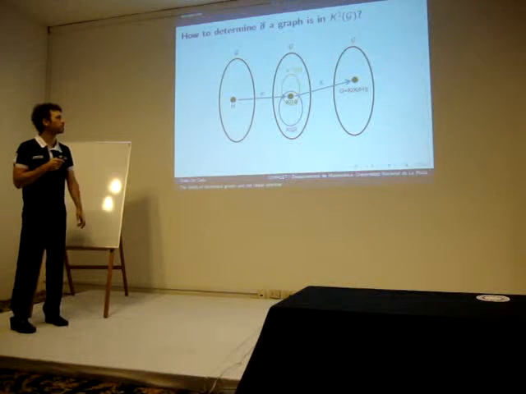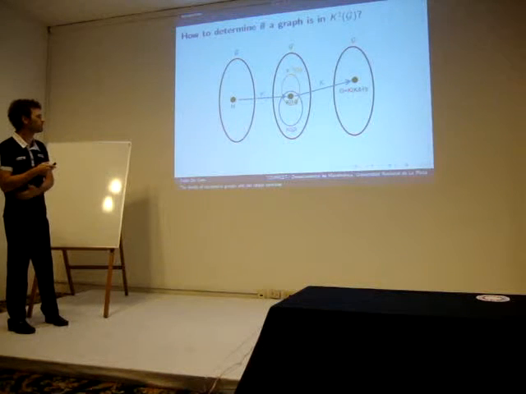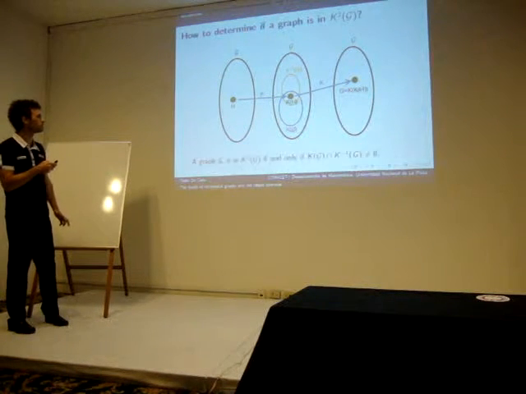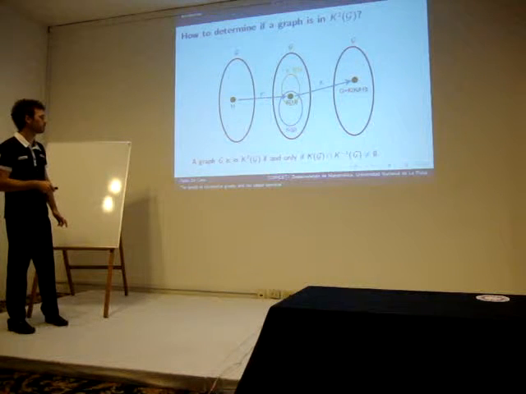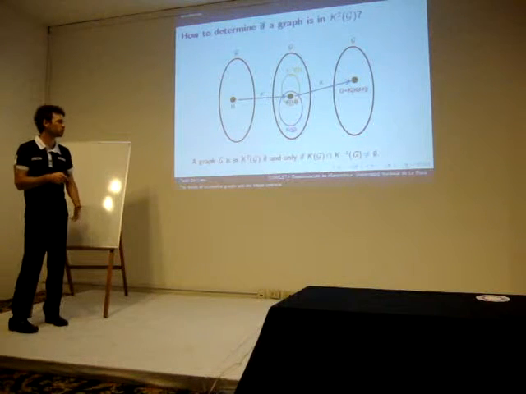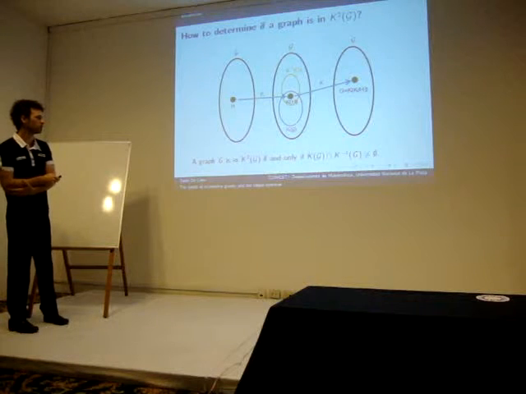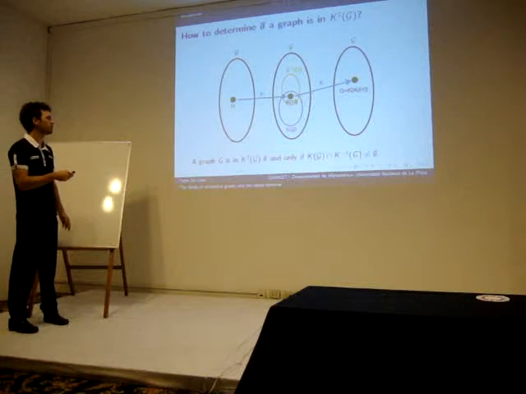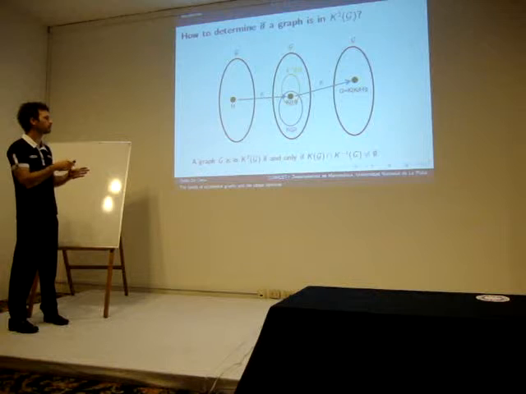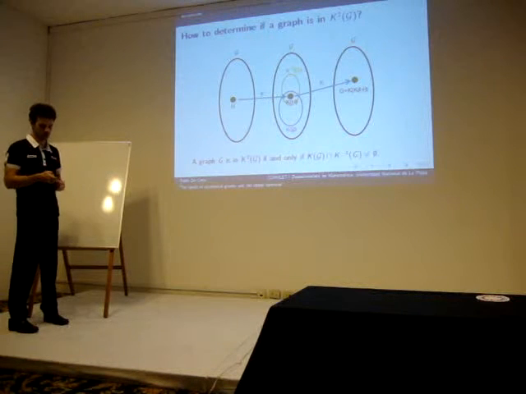To prove that, it is useful to take into account that a graph is in K squared of G if and only if K of G intersection the pre-image of G under the clique operator is not empty. An idea of that fact is given by this picture.